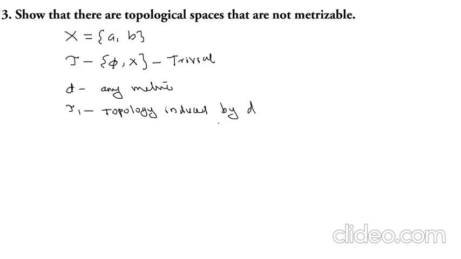Since tau1 is the topology induced by D, we have to prove that tau is not equal to tau1.